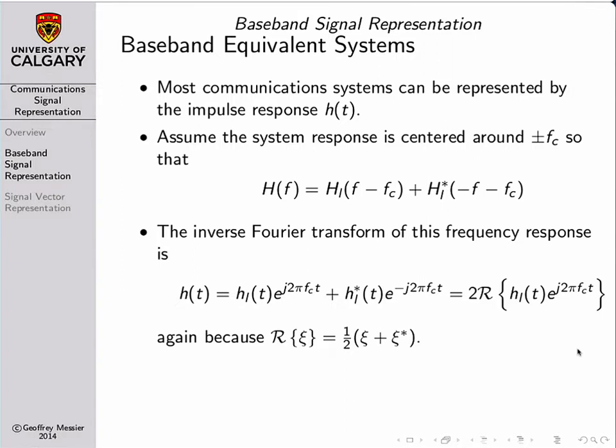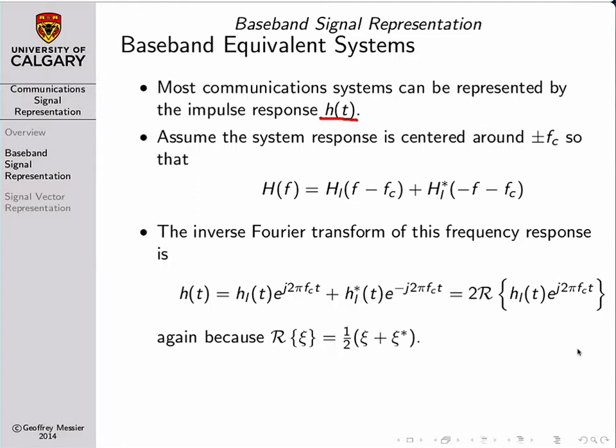And because of that, we can represent them as an impulse response, and we'll just represent that impulse response as h of t. And because the systems are linear, that means we can determine the output or the signal at the output by convolving the input signal with this system response.